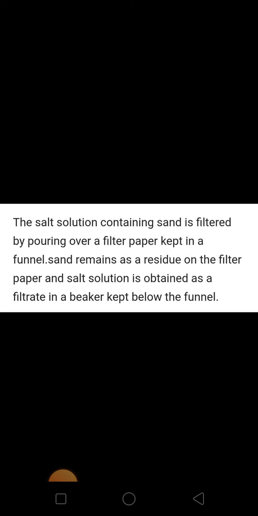The mixture is filtered by pouring it over a filter paper, the residue on the filter paper is the sand, and the salt solution is obtained as the filtrate. In this way we have separated the two solids, salt and sand, by using the filtration technique.